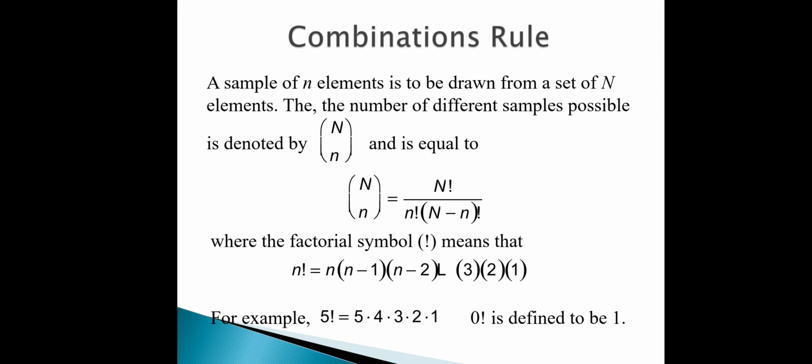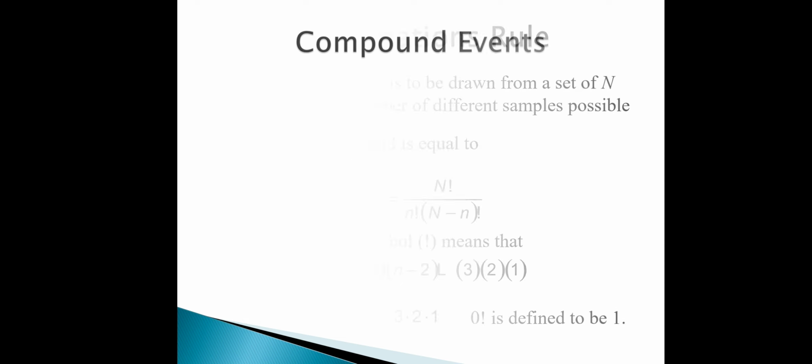For example, 5 factorial is equal to 5 into 4 into 3 into 2 into 1, where 0 factorial is defined to be 1.